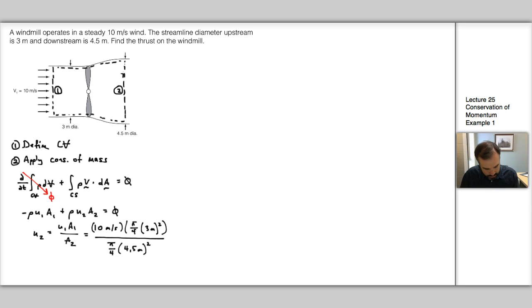Okay, and that gives us a velocity U2 equal to 4.44 meters per second. Okay, so now we have the downstream velocity.